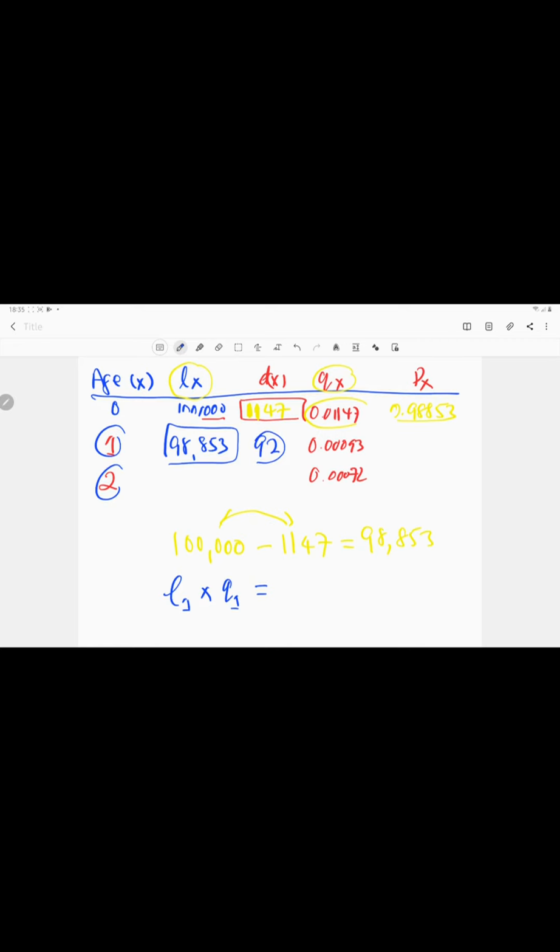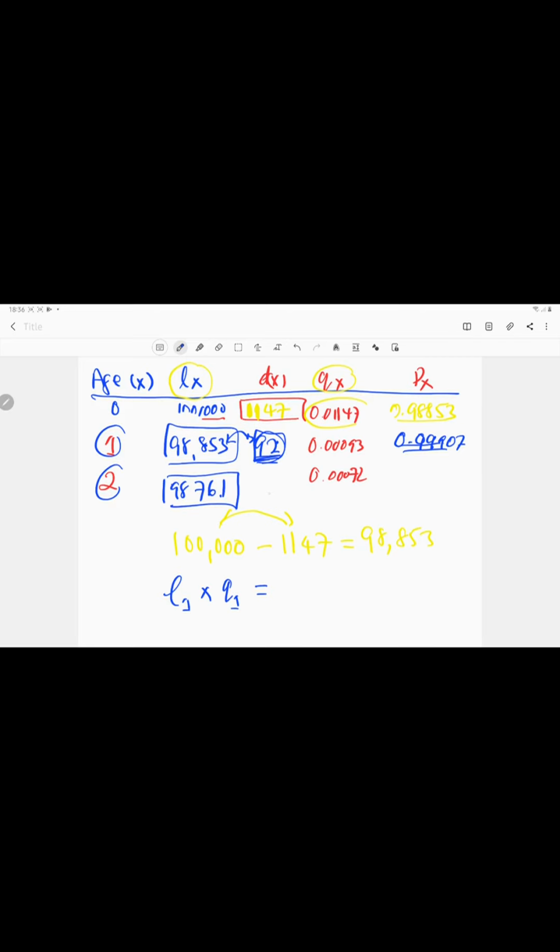When you get this 92, to get the value here you subtract from 1, and this one is going to be equal to 0.99907. Then you subtract that, and you have 98,761. What you have done is subtract these numbers to get this, because these are the number of people that died during that particular period.